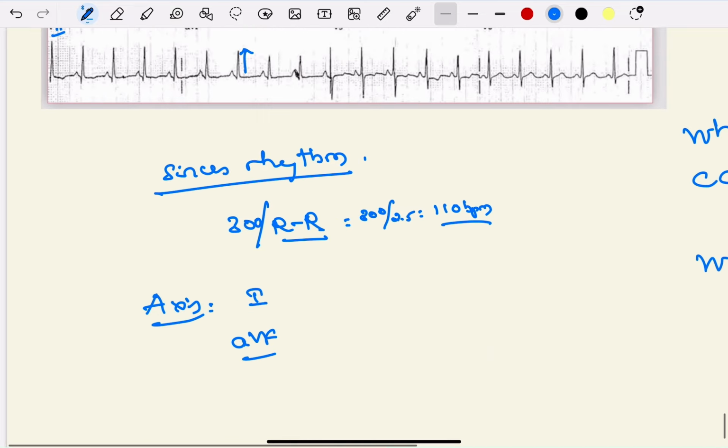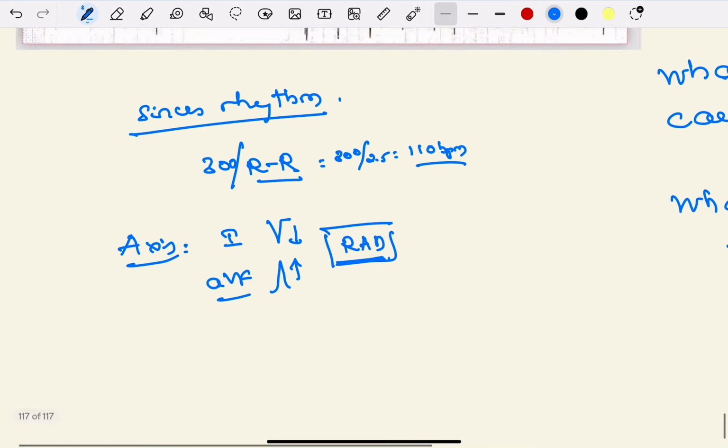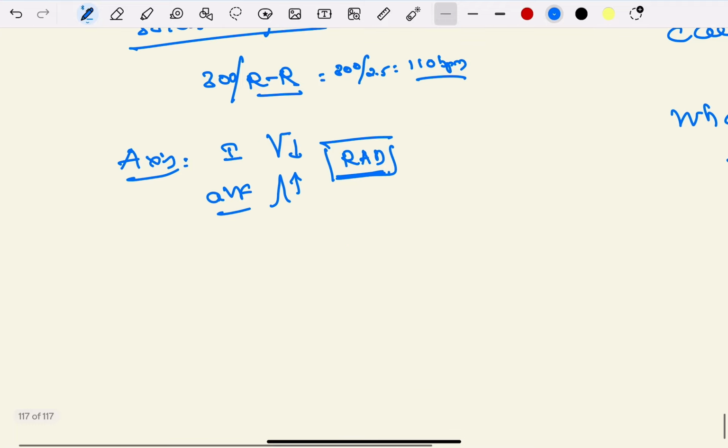One is predominantly down and aVF is predominantly up, both are reaching each other: right axis deviation. So this is abnormal. The rate is more than 100 and sinus rhythm with right axis deviation. So far it is sinus tachycardia with RAD. So far our diagnosis is this.